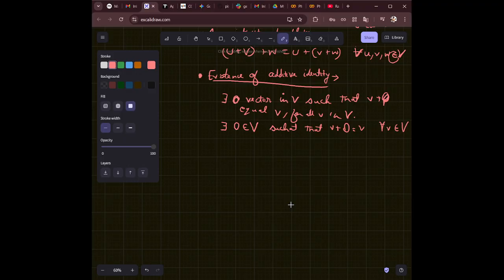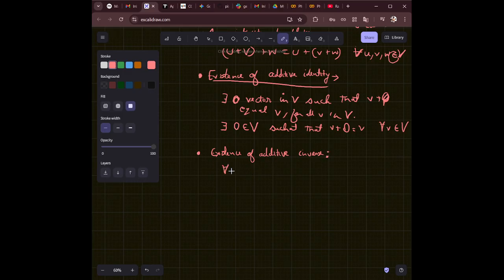Now the fourth one is existence of additive inverse.